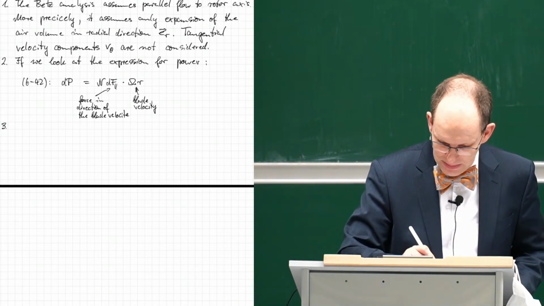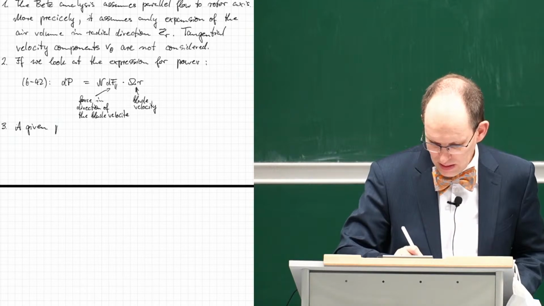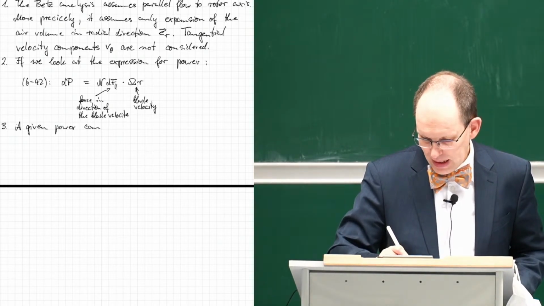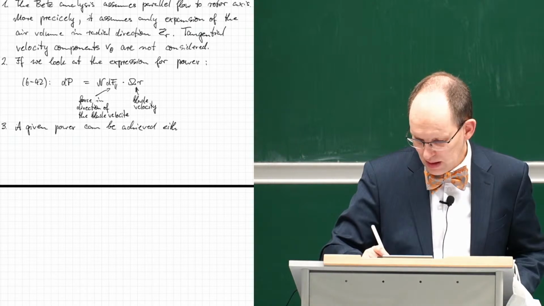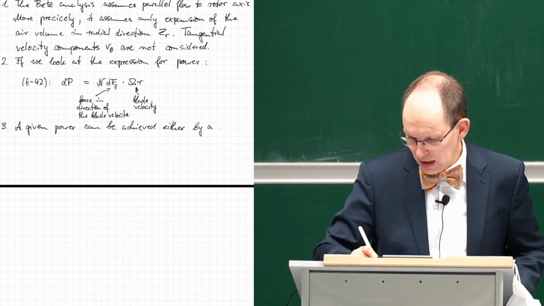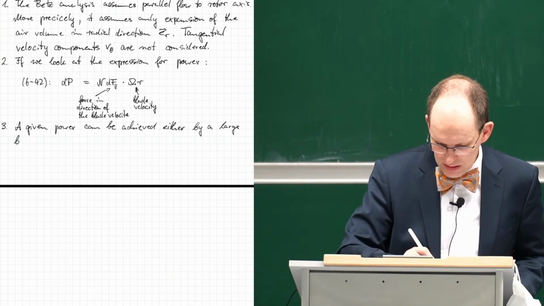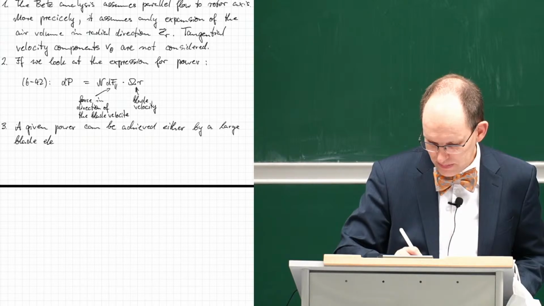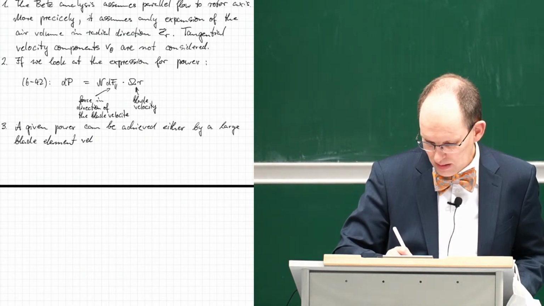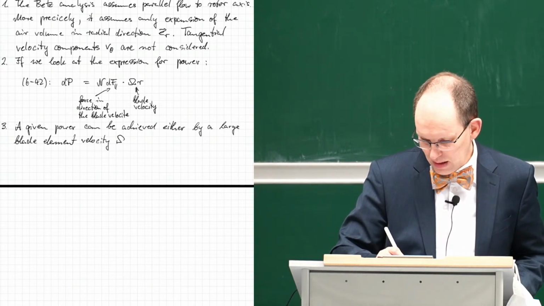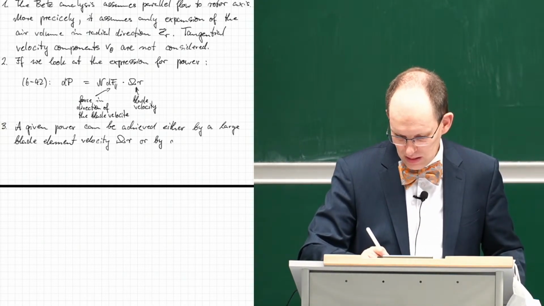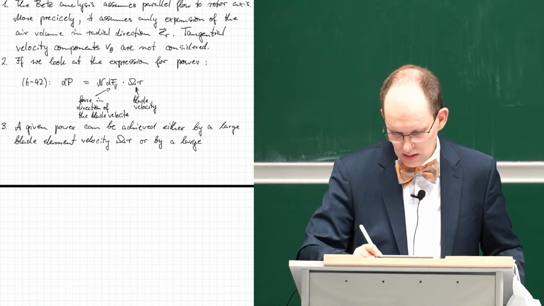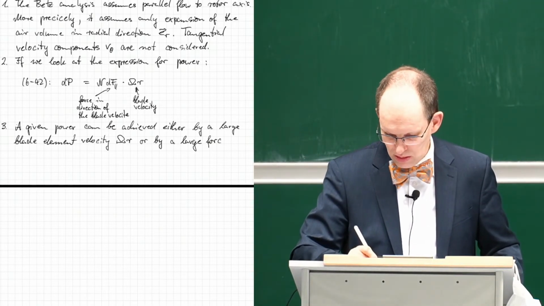So a given power can be achieved either by a large blade velocity, or blade element velocity, omega times r, or by a large force parallel to the rotor plane, of course, right?